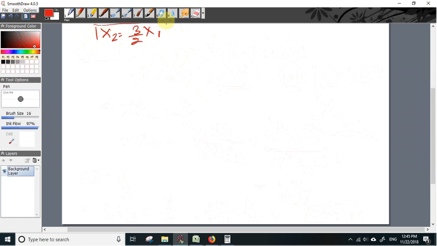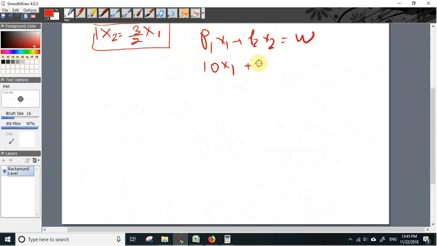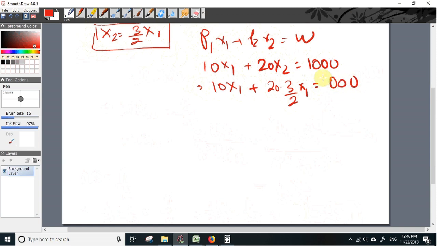Now we substitute this value in the budget constraint. P1 x1 plus P2 x2 equals wealth. In this case, this is 10 x1 plus 20 x2 is 1000. So this becomes 10 x1 plus 20 times 3/2 x1 is 1000. So this becomes 40 x1 is 1000.